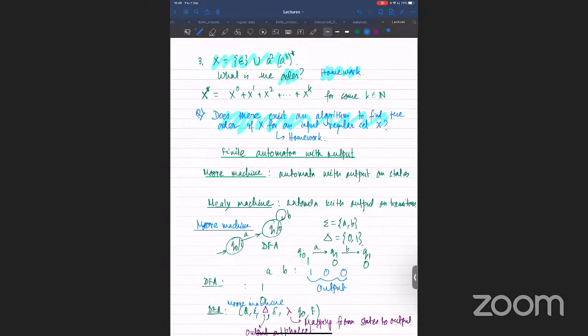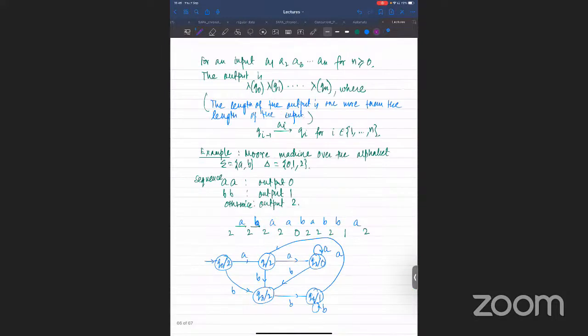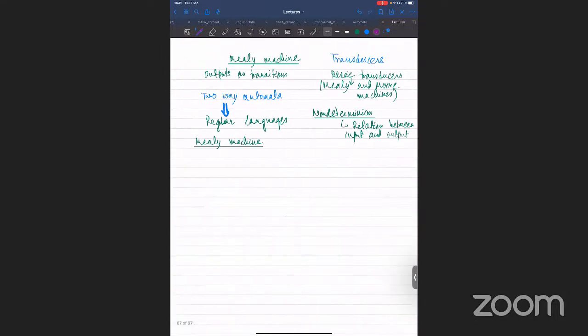The automaton is moving over the inputs and you are producing the output.